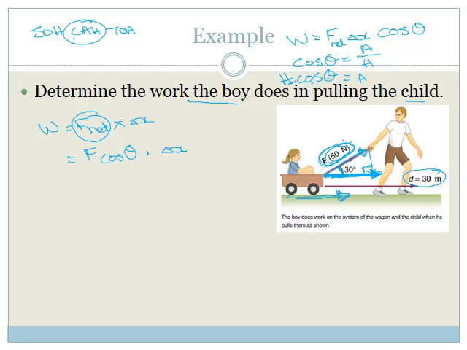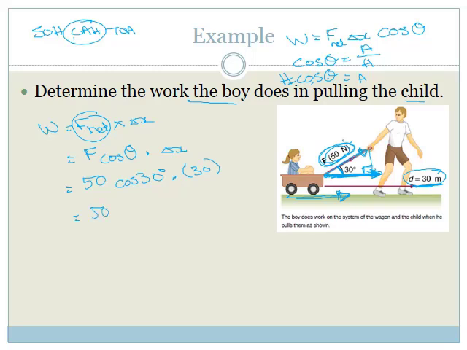But we know that F in this case is 50. Cos theta is going to be cos of 30 degrees, and the displacement is 30 meters. So it's times 30 meters altogether. So then we whip out our calculator and cos of 30 is going to be 0.87.